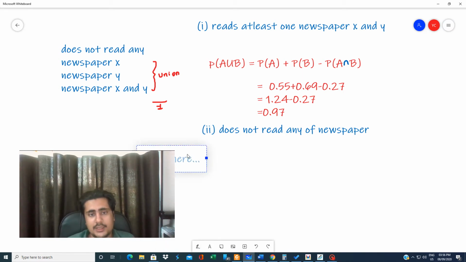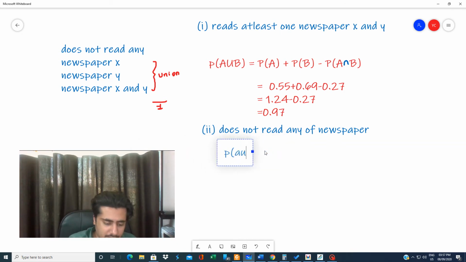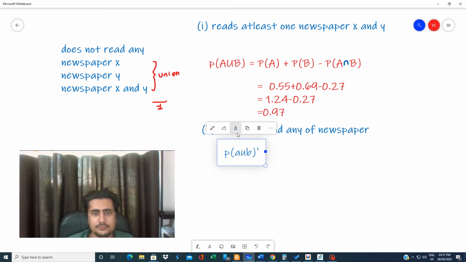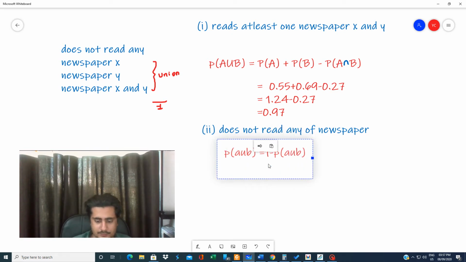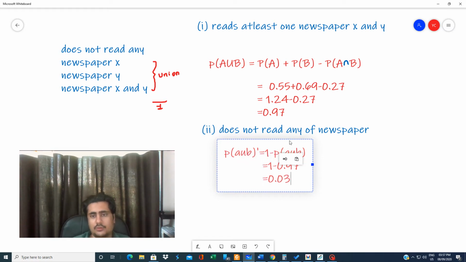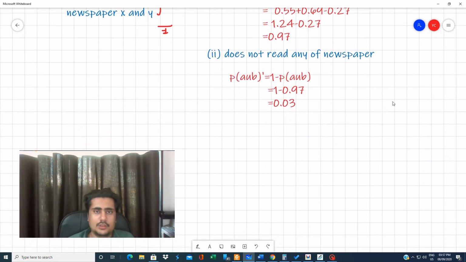They are asking the dash of the union. So it is P of A union B dash, which is 1 minus P of A union B. It is 1 minus 0.97, which is 0.03. This is the probability that he does not read any newspaper.